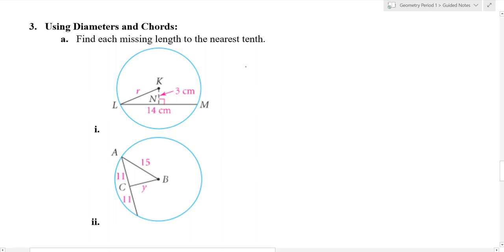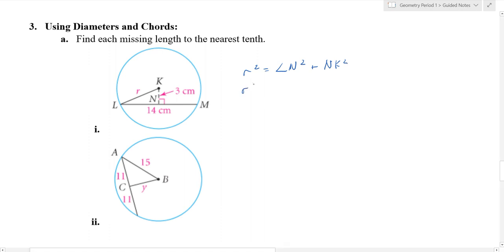So we would actually say that R squared equals, and I'm just going to write this first in general terms and then we'll actually plug in the numbers. So that means that we have LN squared plus NK squared. All right. So now we substitute.